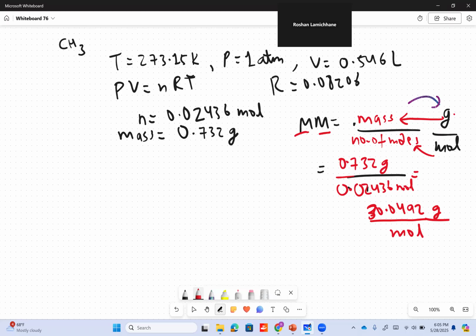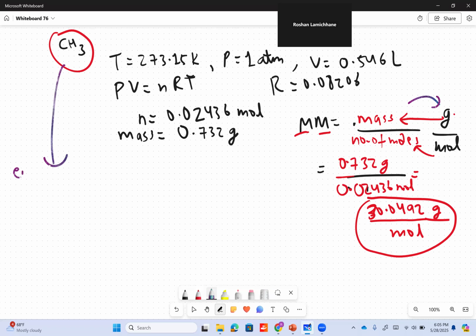Now, this is the molar mass of the actual gas, right? Now this was my empirical formula. That means my empirical formula molar mass, all I do is I add one carbon and three hydrogen atoms.